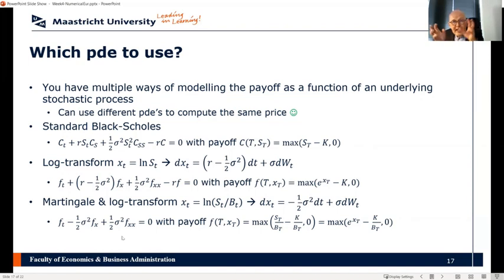But the numerical behavior of the finite difference grid that you are using to solve each of these partial differential equations can be different. And in particular, if you choose partial differential equations with coefficients as close to a constant as possible, that will give you better numerical behavior for your numerical solution with the finite difference methods.